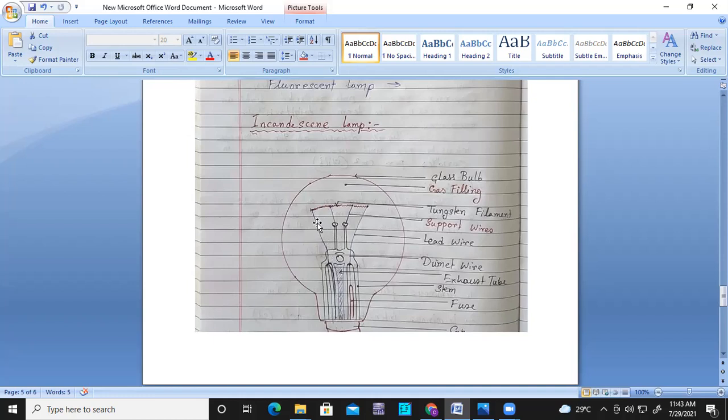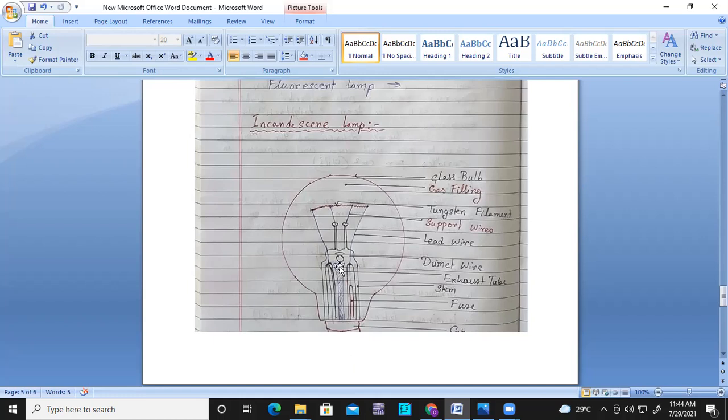Actually these are made of steel, but the upper lead portion is plated with nickel, and the lower portion, which is embedded in the glass, is plated with copper. Then this lead wire is attached to the holder side, and the lower side is called the cap. Within the cap it is welded with the two terminals which connect to the holder.